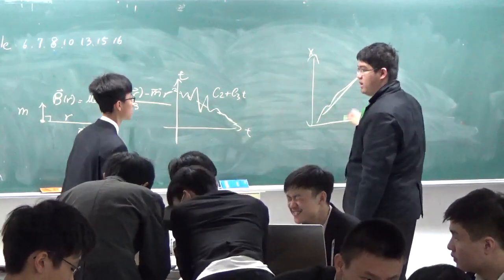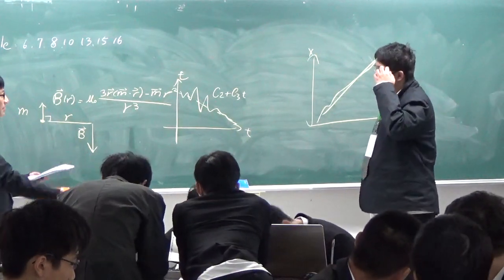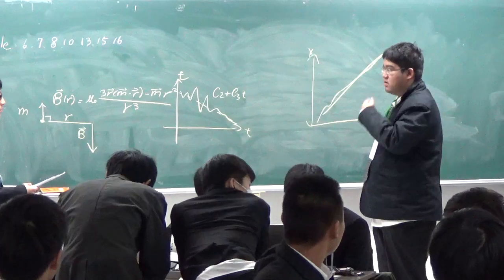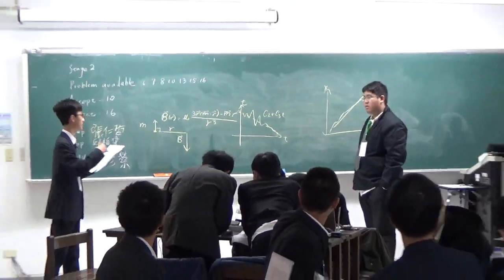Why the angular velocity? What did x mean? The moving distance. If this is oscillating, why will the distance be like this?